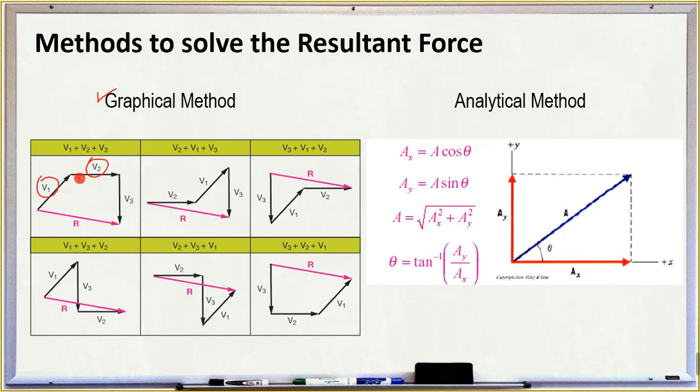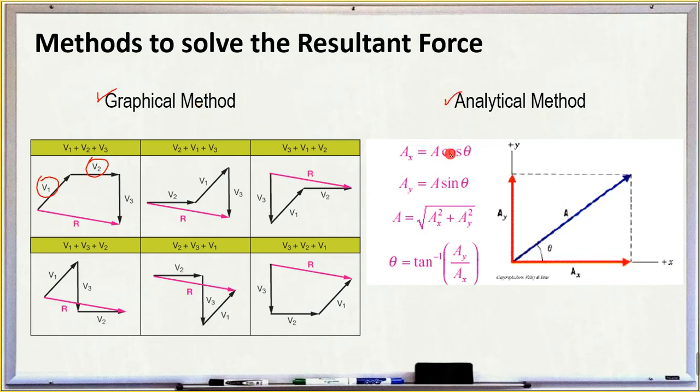The tail of V2 follows the head of V1. That is how the graphical method works. After that, once complete, the resultant can be drawn from the tail of the first vector towards the head of the final vector. That is the graphical method.